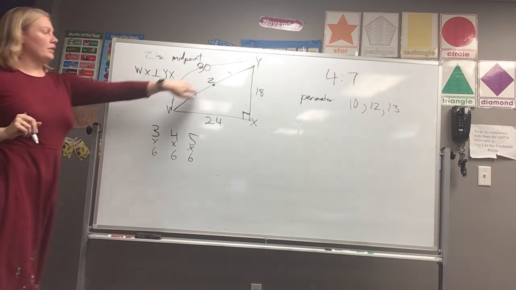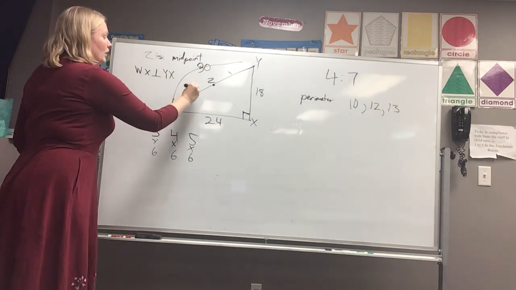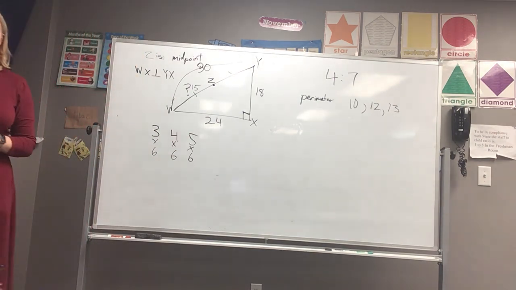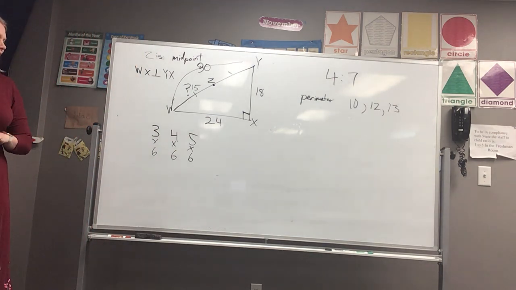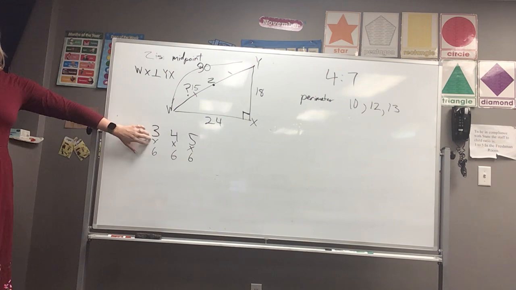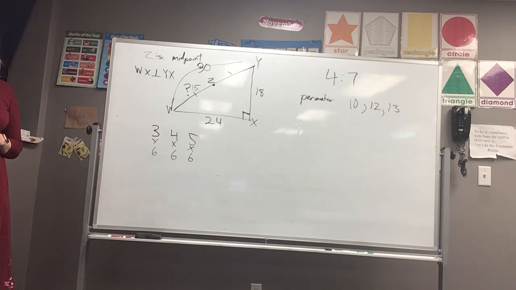And then half of 30 is 15. But again, I wouldn't waste too much time trying to recognize that as a Pythagorean triple if you didn't right off the bat. Calculators are fast enough. Typing it in is not that big a deal.